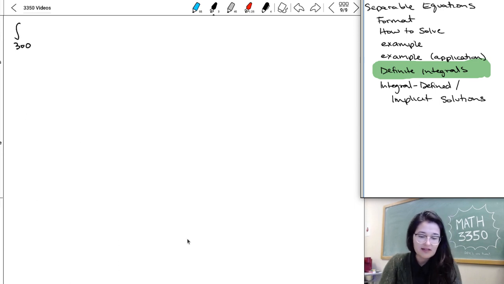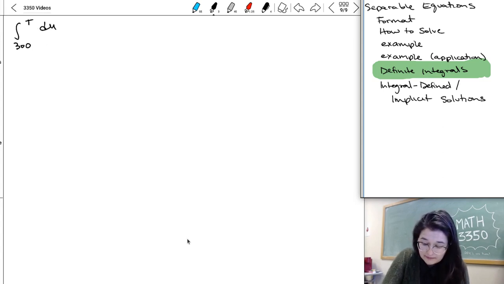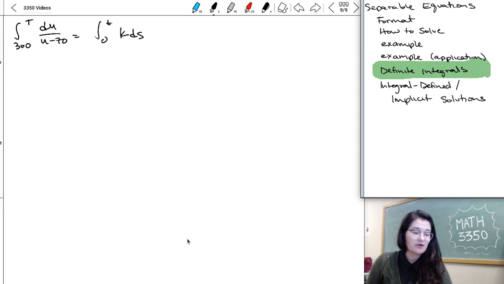I'm going to use that placeholder variable version, but in your own notes, if you want to be doing the one that didn't switch, go ahead and do that instead. So we want to evaluate these two integrals.